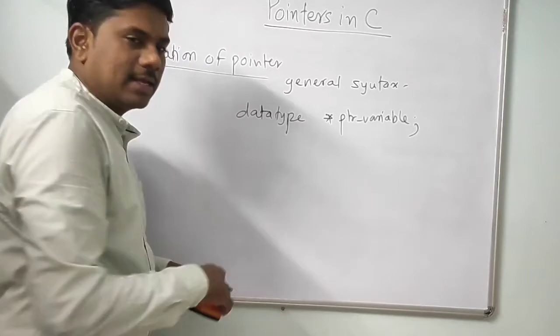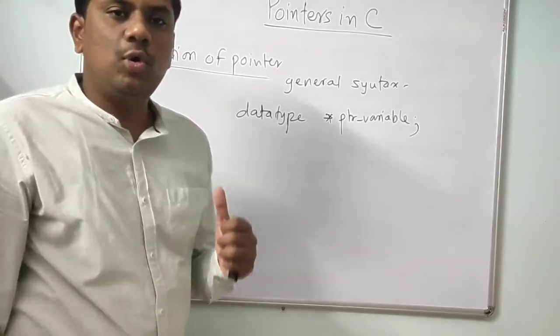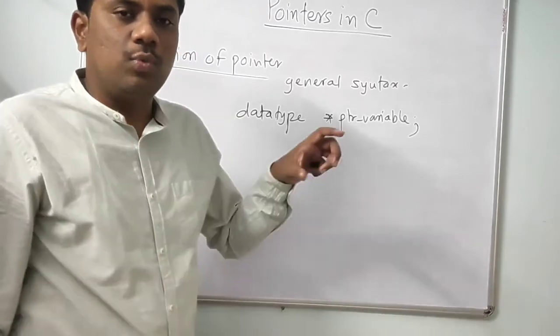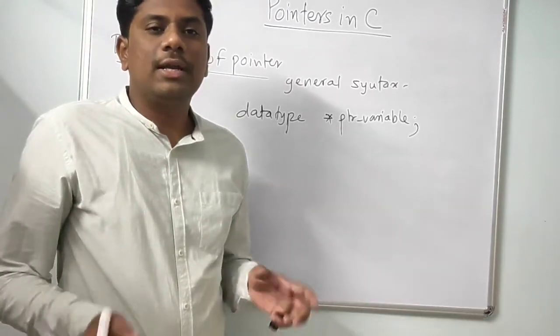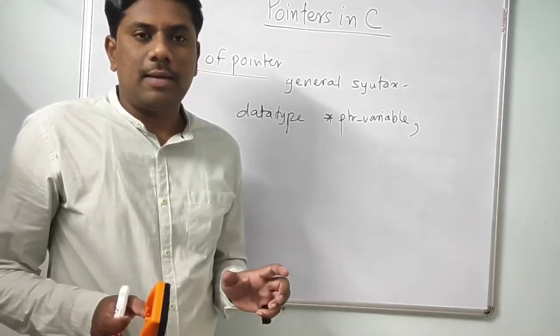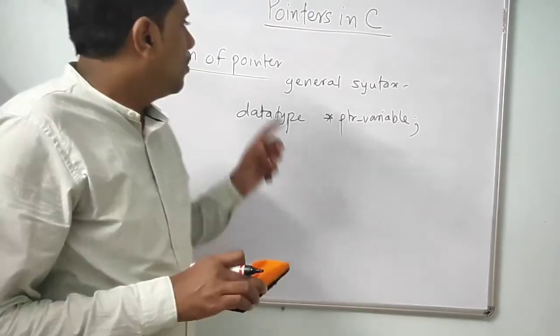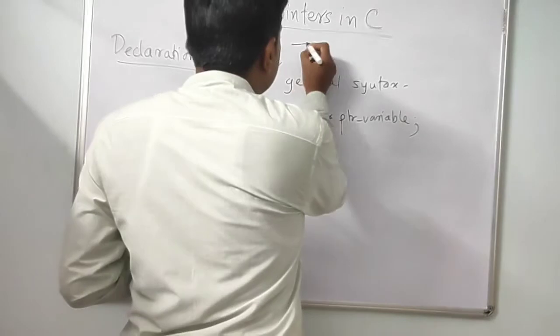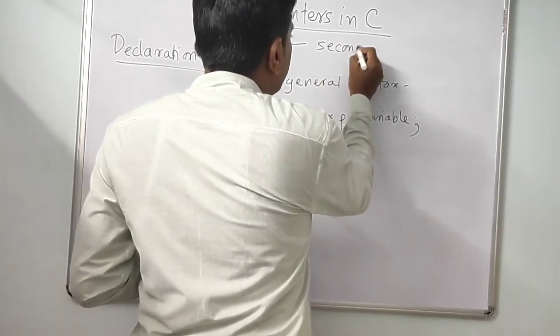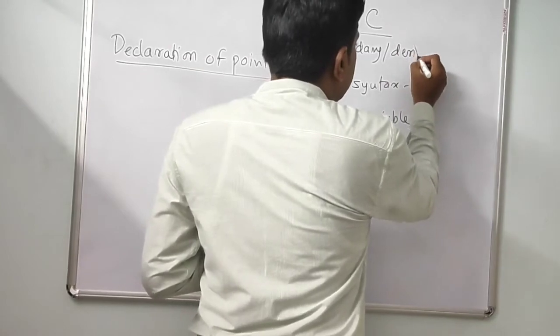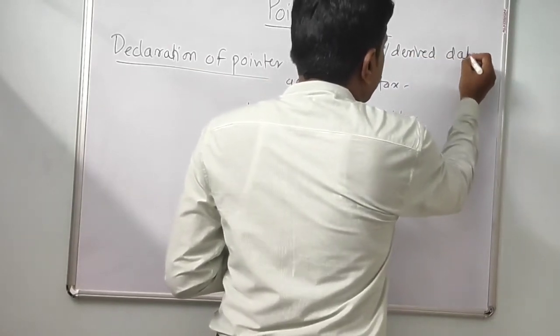So this data type may be integer, float, char, double, or void pointer. Getting? So our pointer can be of type integer, float, char, double, void. That's why pointer is also called a secondary data type, or a derived data type.